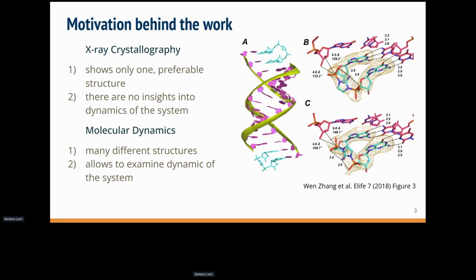However, from this X-ray crystallography, we cannot say the orientation of the imidazole inside. So this is where I come in, and I use molecular dynamics because I can investigate many different structures, and as the name says, we can see the dynamics of the system.